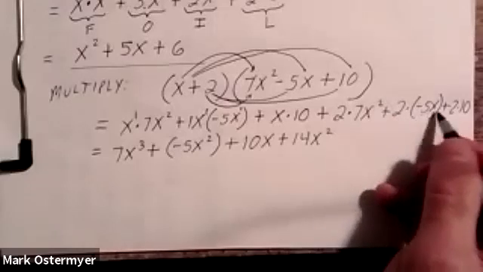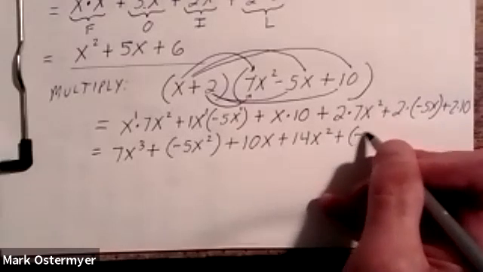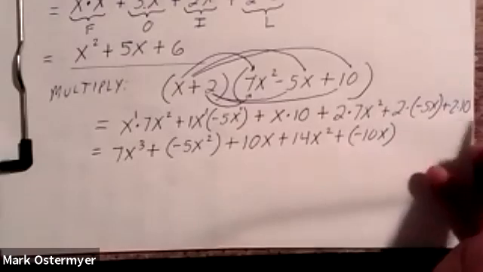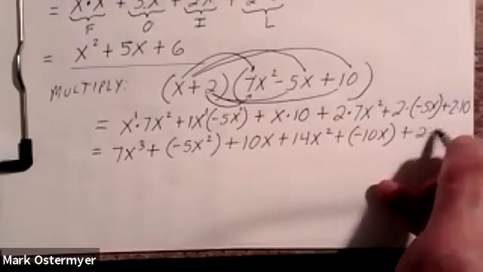And 2 multiplied by negative 5x will be plus a negative 10x. And 2 multiplied by 10 will be a 20 out here.